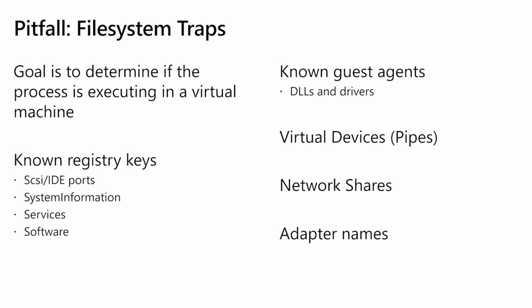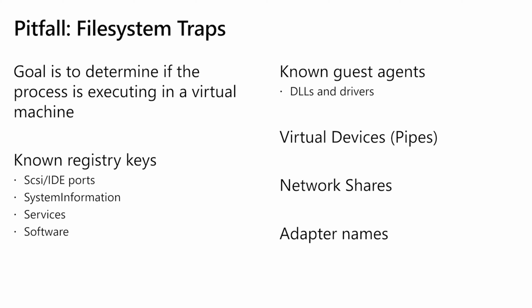So with file system traps, the goal is just to determine where you're at. It's kind of like guardrails for, am I running in a virtual machine or not? Or is this like one of those machines that analysts use? So it uses mainly looking at known registry keys, known guest agents.